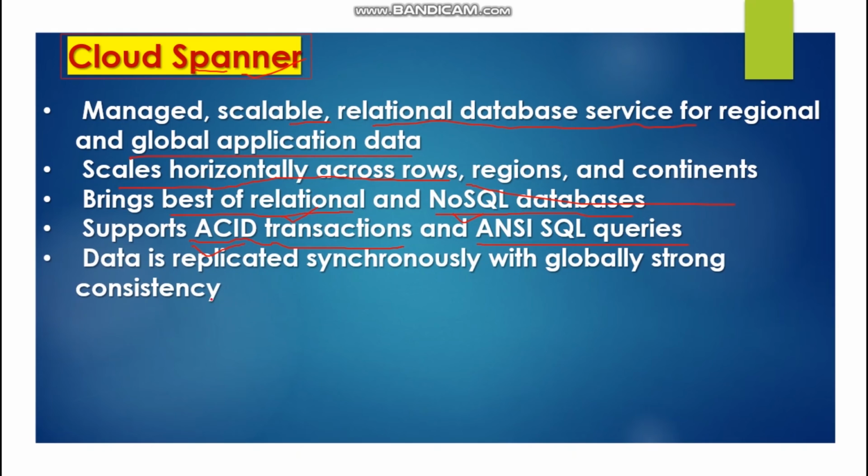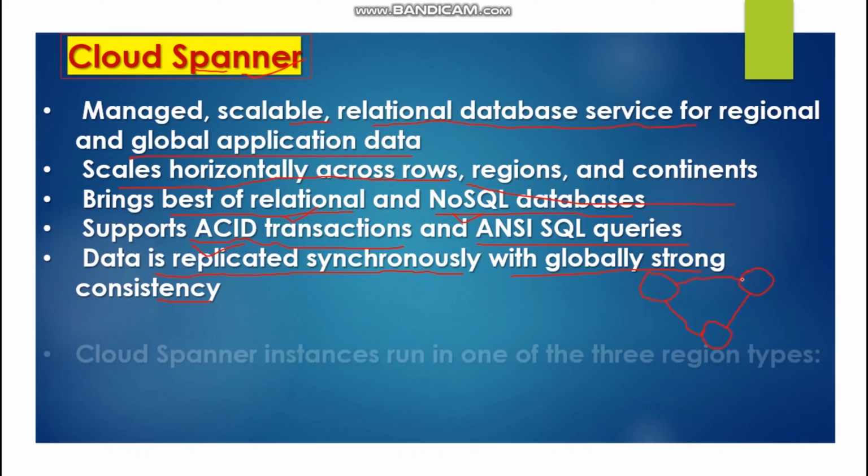All right. So data is replicated synchronously with globally strong consistency. So you can launch different instances in different continents, maybe Asia, Europe, America, right? And data will be synchronized or replicated across all its instances in a very consistent way.